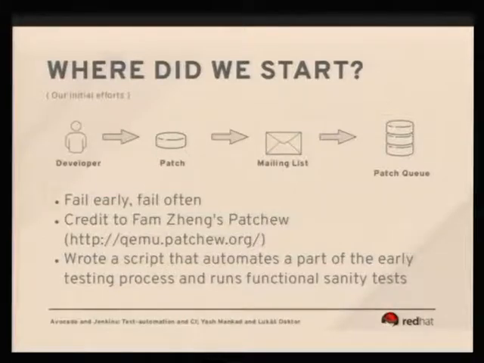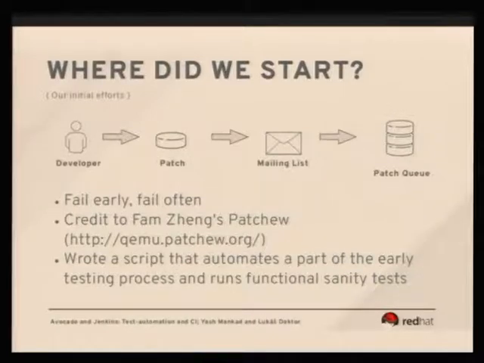This script parses the mailing list. It gets the patches into a patch queue, applies the patches, runs a build, and if the builds break, the developers can go and have a look at the build logs to see what went wrong. Was it an issue in the patch, or was it an issue somewhere in the workflow?